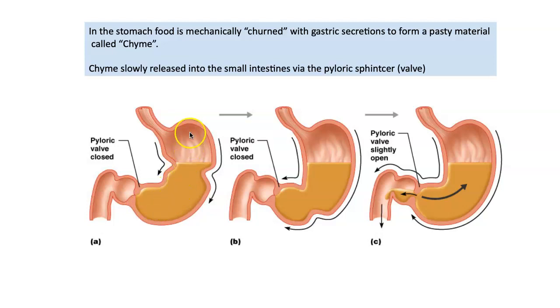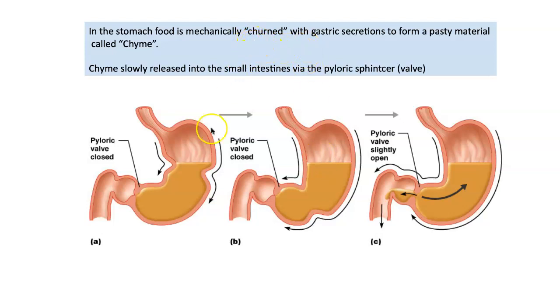And when it's doing that, it's kind of like a washing machine, churning that food, mixing it with all those gastric secretions. And this bolus is slowly, just a little bit at a time, going to be let out through this pyloric valve into the duodenum. So that is why we have that third inner oblique layer, so we can churn.